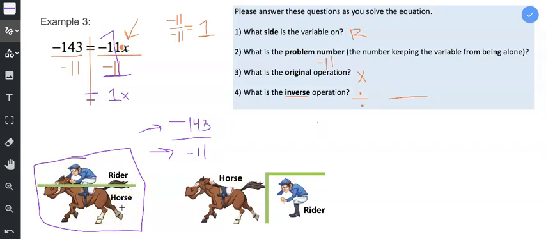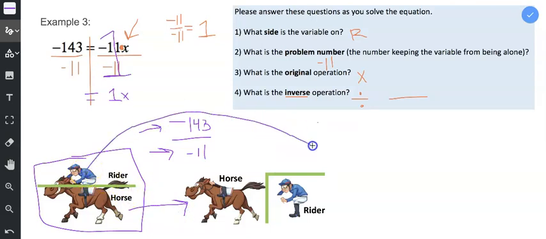When you think about going into a house, the horse is going to stay outside, but the writer could go inside the house. Okay, so the denominator goes on the outside, the numerator goes on the inside. So now I'm going to go ahead and do the same thing with my numbers. The horse, the 11, goes on the outside, and the writer, the 143, goes on the inside.